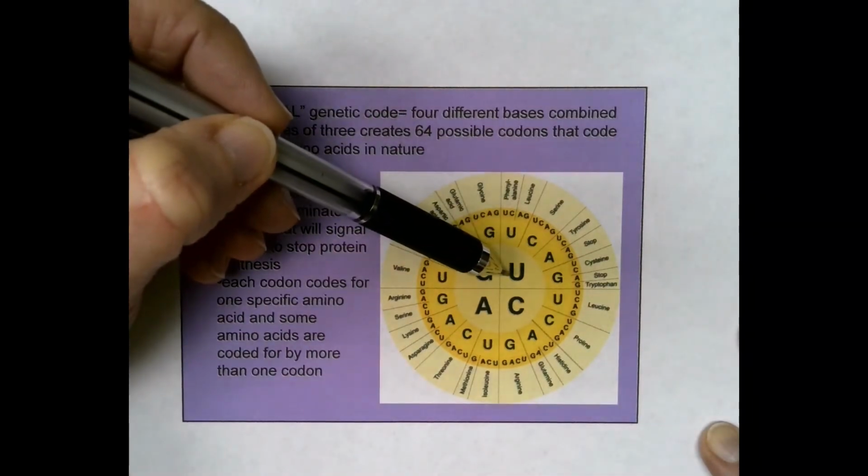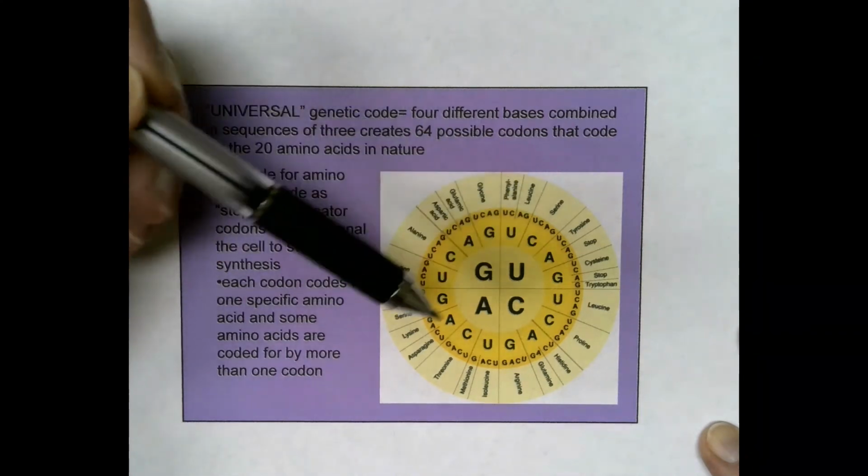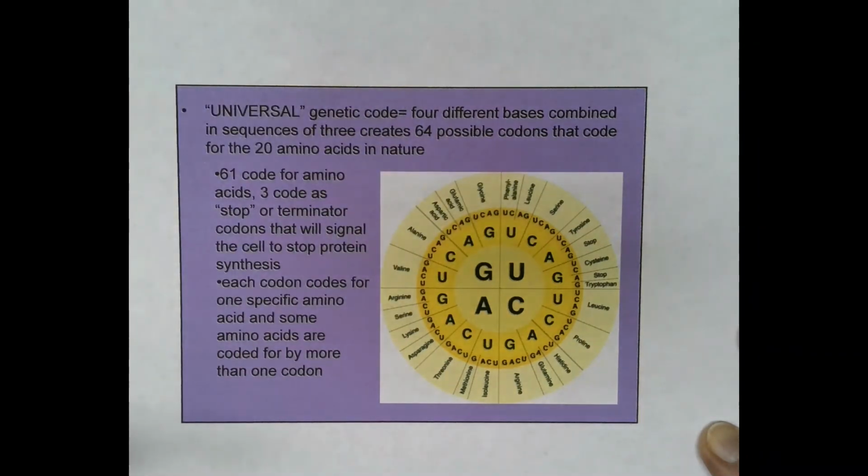It's up here. UUA and UUG also code for leucine. So leucine has 6 codons total that will produce leucine when making amino acid sequences, okay? Then you have some that have 2, okay? Like asparagine only has AAC and AAU. Some of them have 4, okay? Codons that are going to code for them.